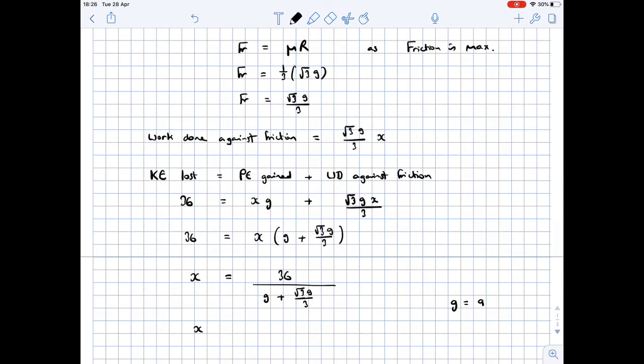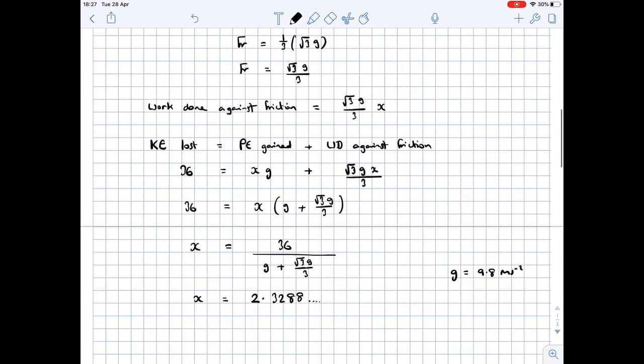Now using g as 9.8 meters per second squared, on my calculator, 36 over 9.8 plus 9.8 times root 3 divided by 3 gives us an answer of 2.3288. And although it doesn't keep going 8, that should be enough accuracy.